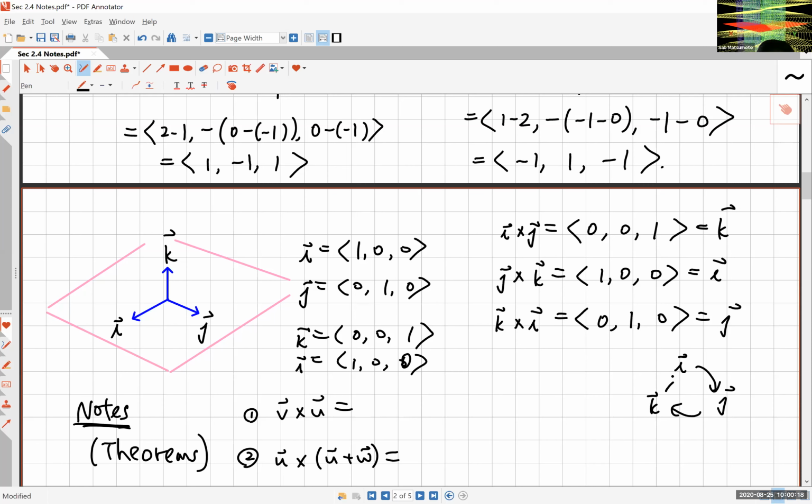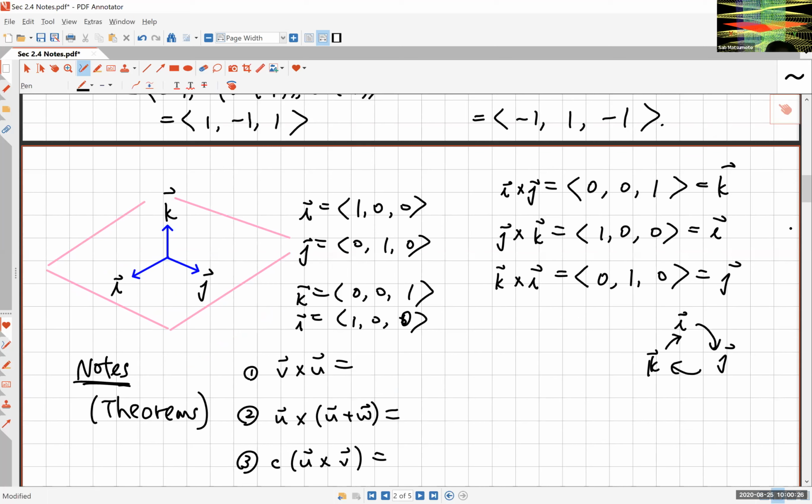J times K is I. And K times I is equal to J. So you have this sort of cycle of 3 standard unit vectors in 3-dimensional space. And by the way, if you go the other way, for instance, J cross I is what? Well, it's the opposite of this. That's going to be negative K, right? And then I cross K is going to be negative J, and so on.